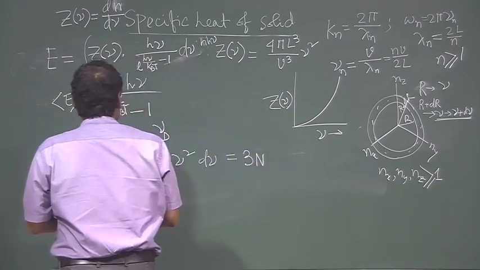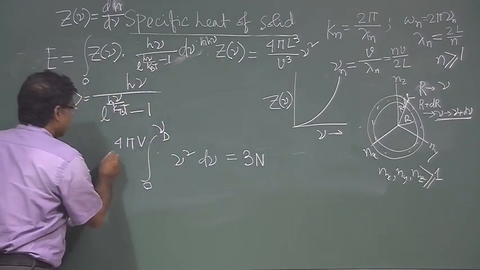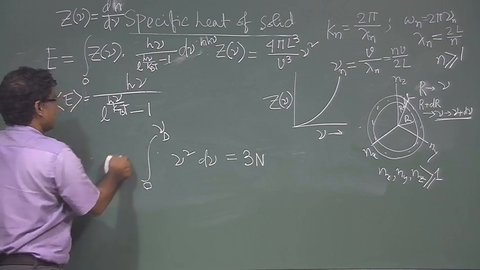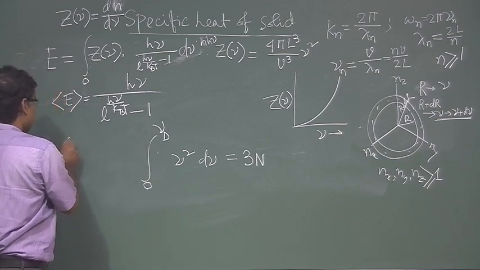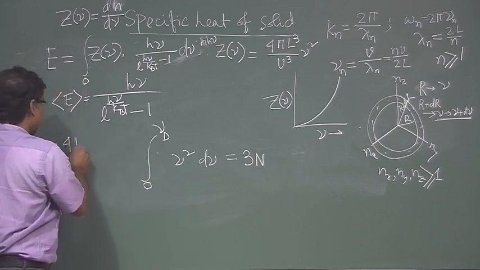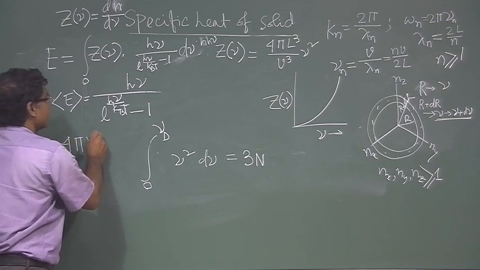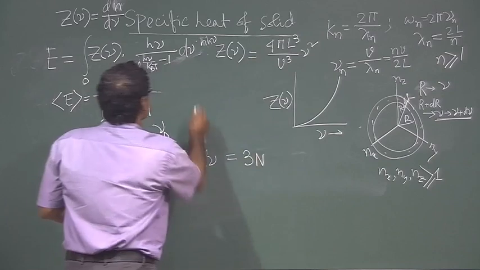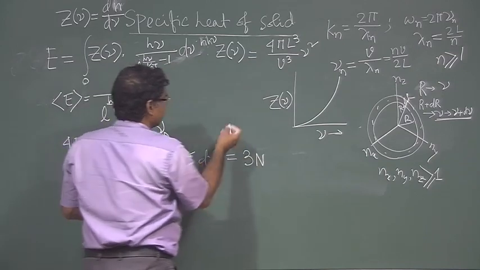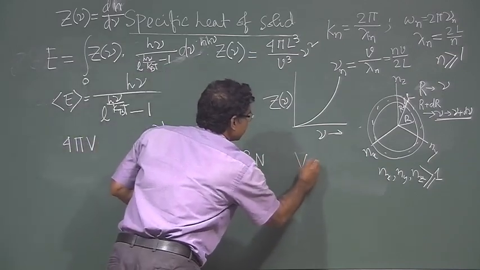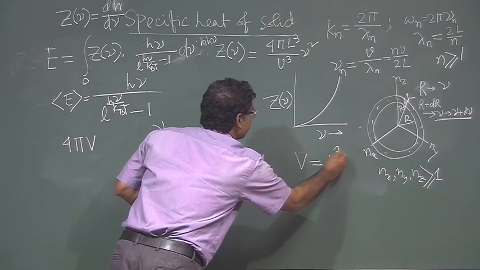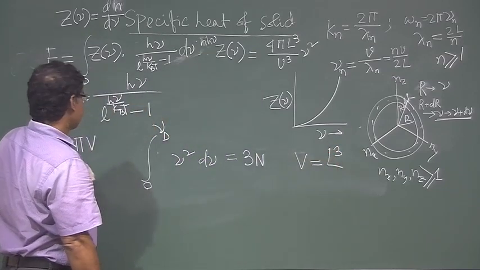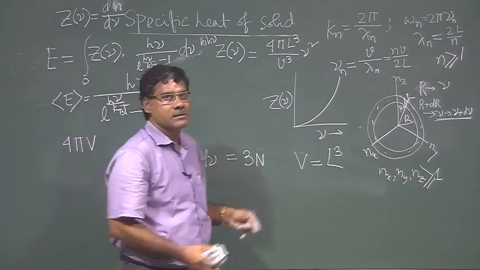And then divide by... here one thing we have to do, this 4 pi V. So V is basically the volume, it is L cube.